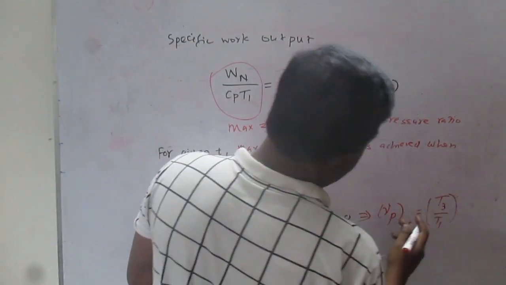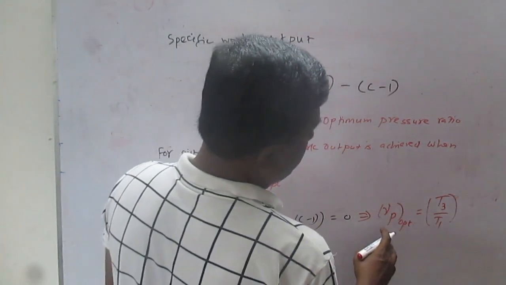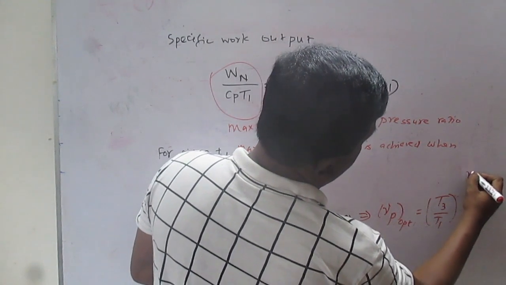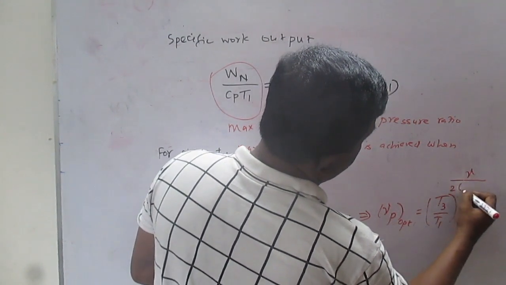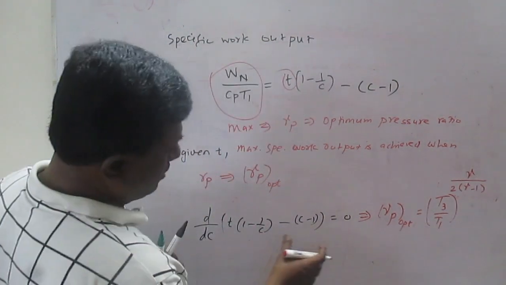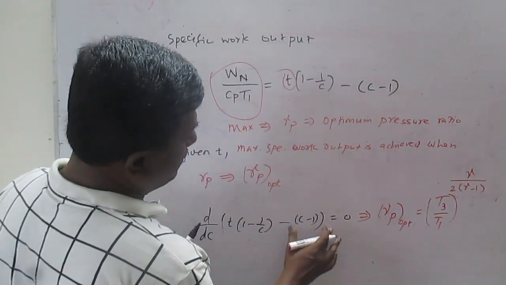gamma by 2 into gamma minus 1. So this is the condition after differentiating and equating to 0.